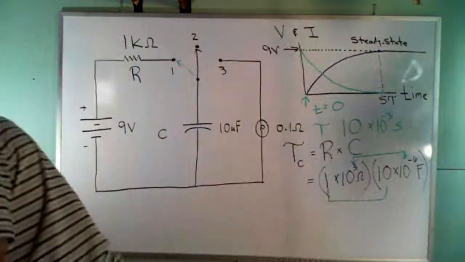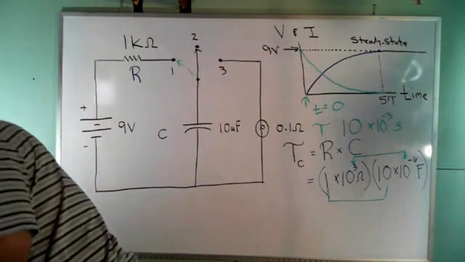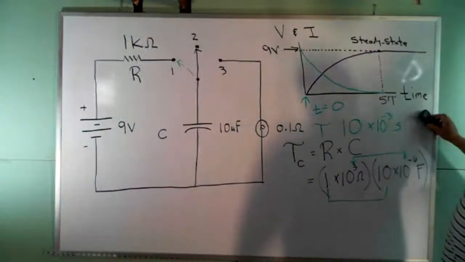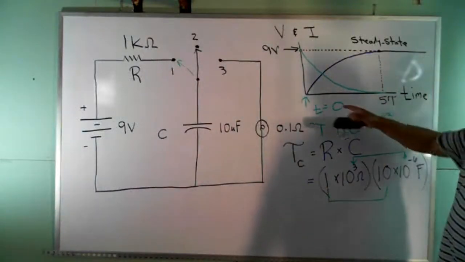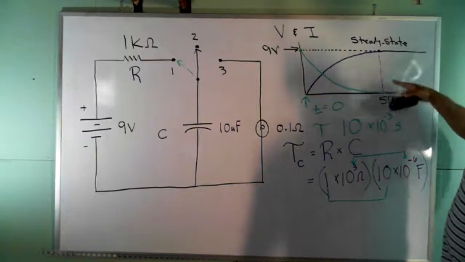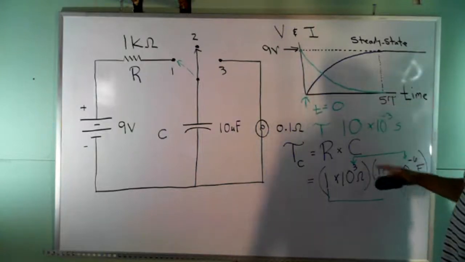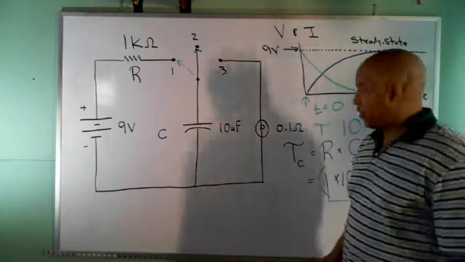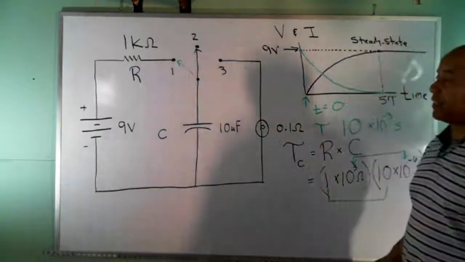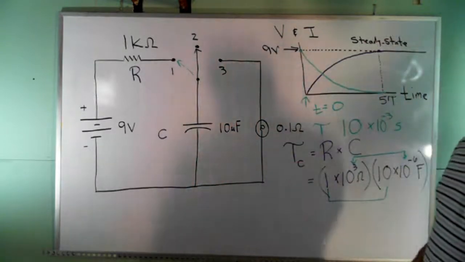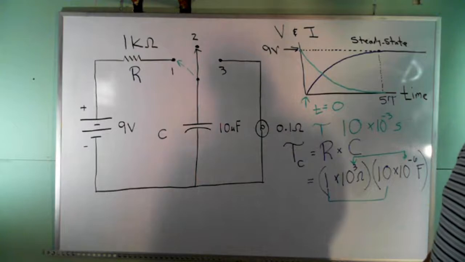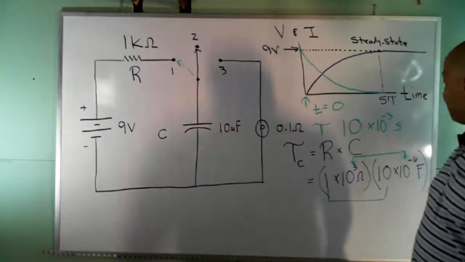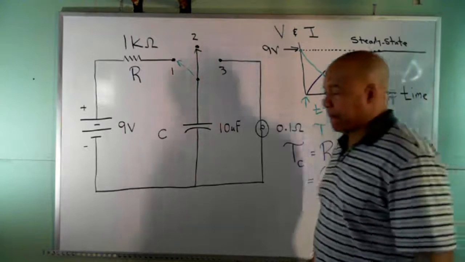Now that's not my answer because they want to know how long does it take to fully charge, and the answer is it takes 5 time constants for that capacitor to fully charge. So I got 10 milliseconds times 5. It takes 50 milliseconds for the capacitor to reach steady state. In this case, 50 milliseconds to reach 9 volts. So if you got that as an answer, then you're good to go.